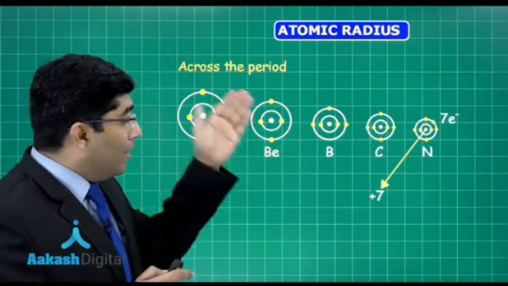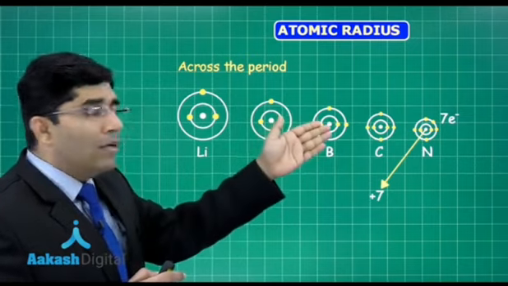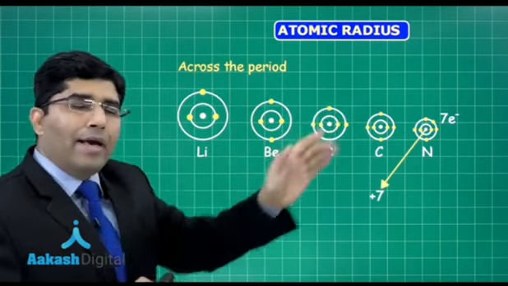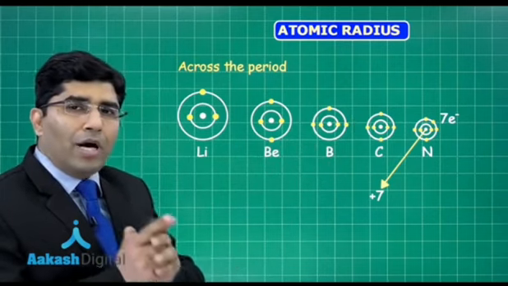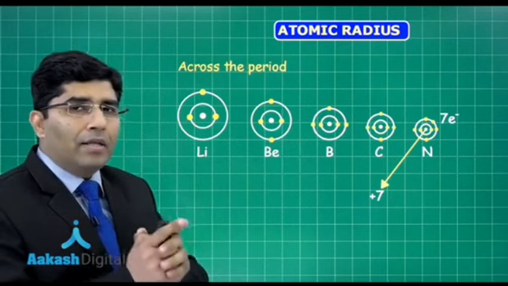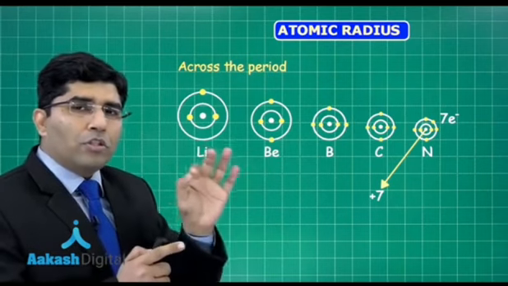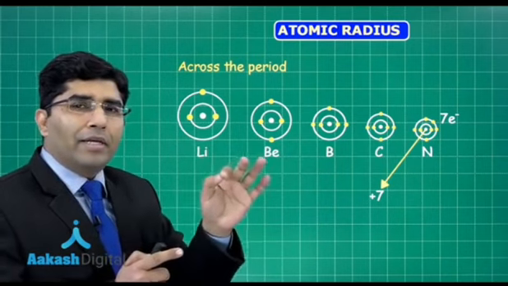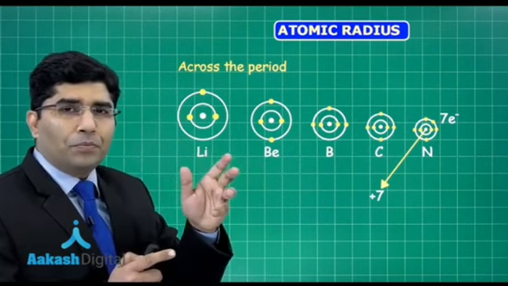In nitrogen it is +7 and -7. So the size will keep on decreasing as you are increasing the charge in the nucleus as well as in the shell. Positive charge is increasing in the nucleus and negative charge is increasing in the shells, right?